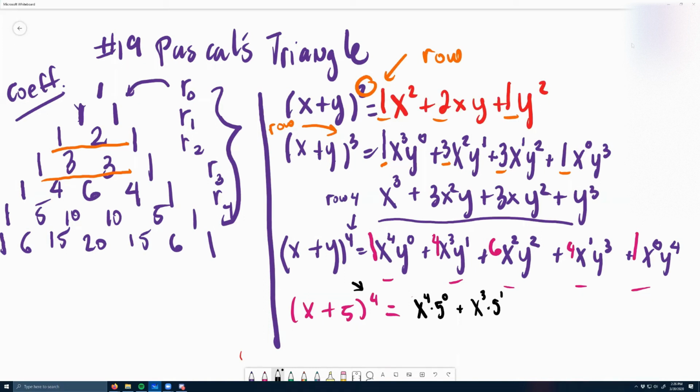I'm just following the same pattern, but since we have a 5 now, I'm putting in 5 instead. This is going to be x to the 2nd times 5 squared, plus x to the 1st times 5 to the 3rd, plus x to the 0, 5 to the 4th power.